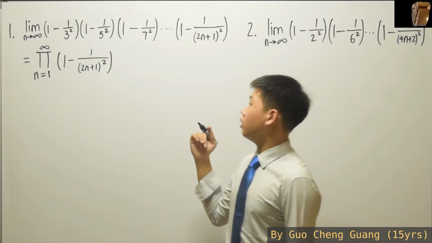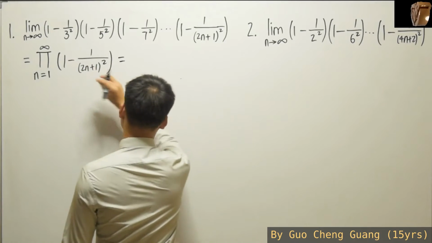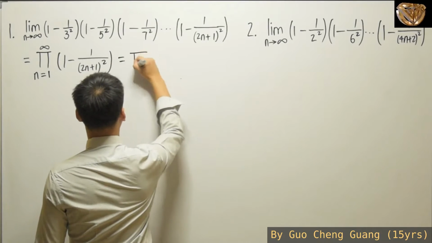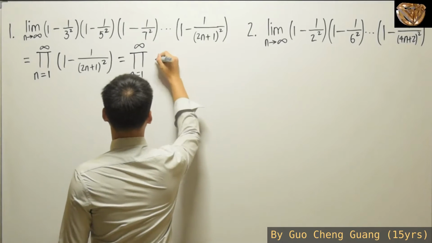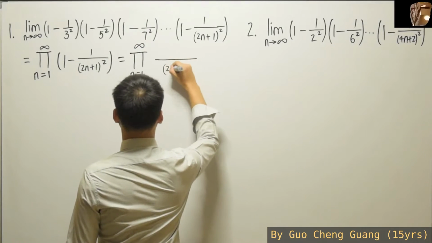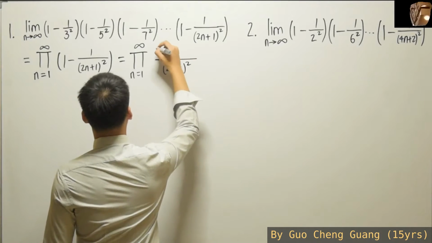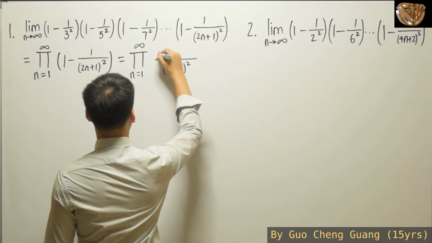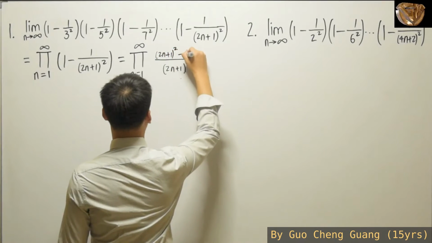Now let's combine them a little. When we combine them, you would be seeing 2n plus 1 squared in the denominator, while for the numerator, you will have 2n plus 1 squared minus 1.